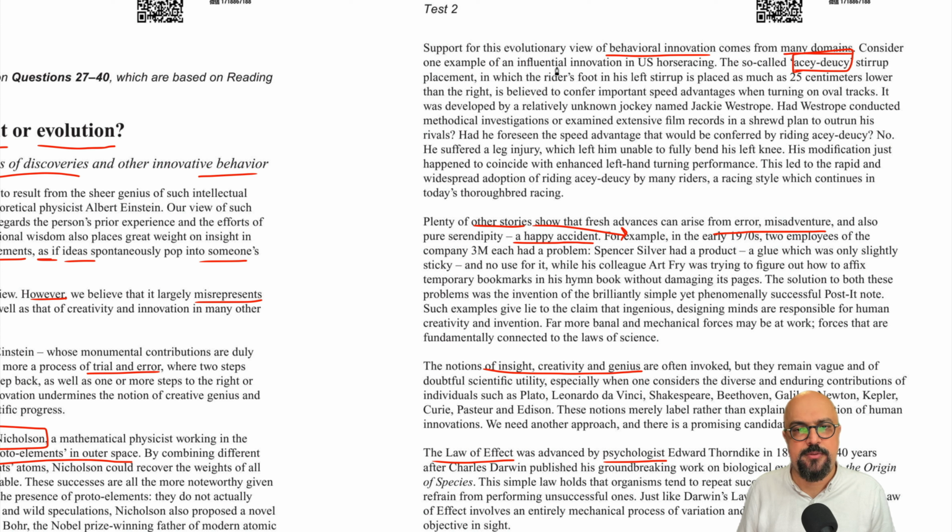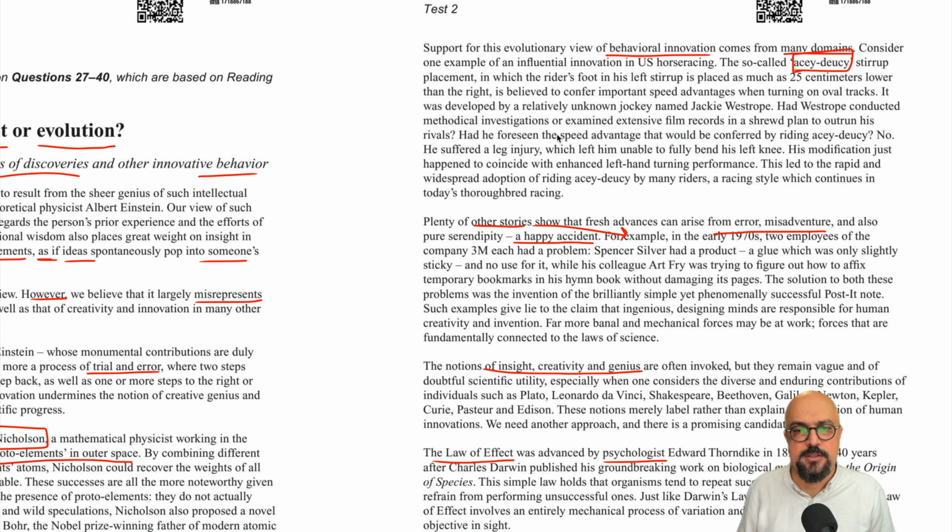Consider one example of individual innovation in U.S. horse racing, in which the rider's foot in his left stirrup is placed as much as blah blah lower than the right. It's believed to confer important speed advantages when turning on oval tracks. It was developed by a relatively unknown jockey named blah blah. Examined, hmm. So conducted methodical investigations or examined the extensive film records.